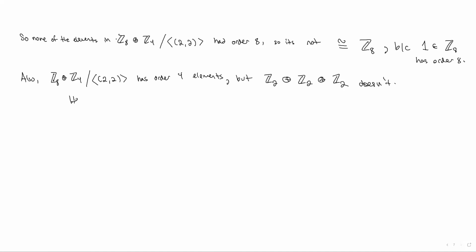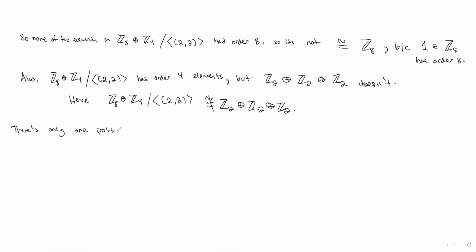Hence, it's not isomorphic to it. So there's only one possibility left, which is that it's isomorphic to Z4 plus Z2.